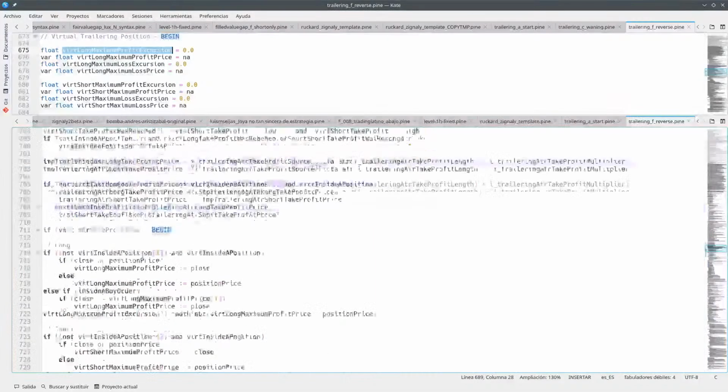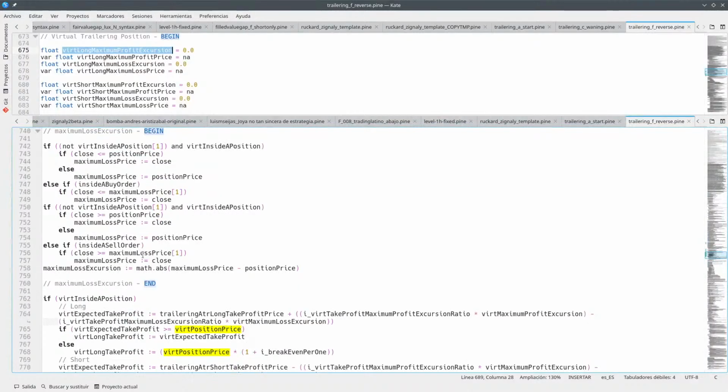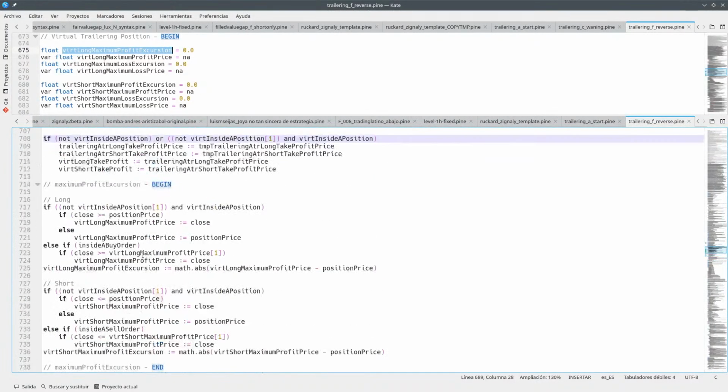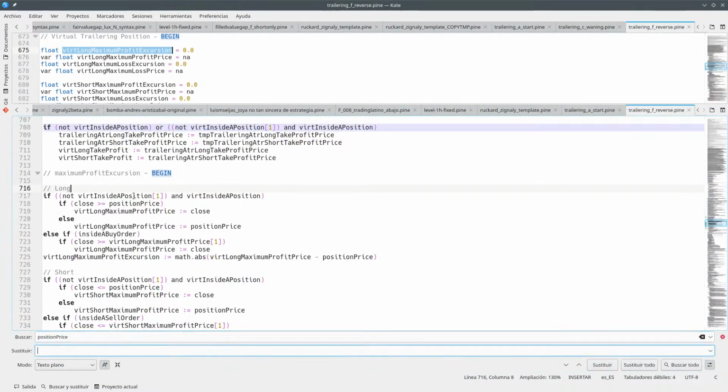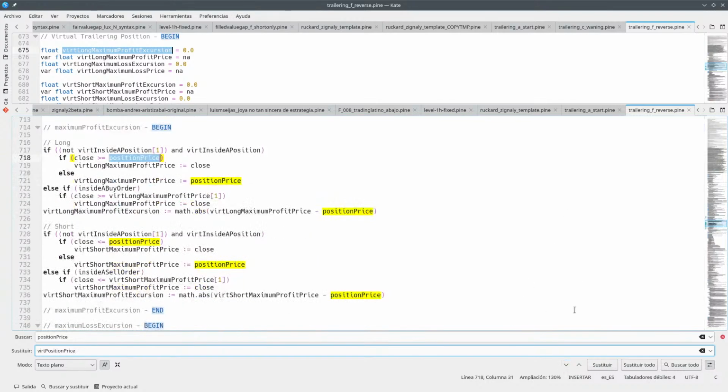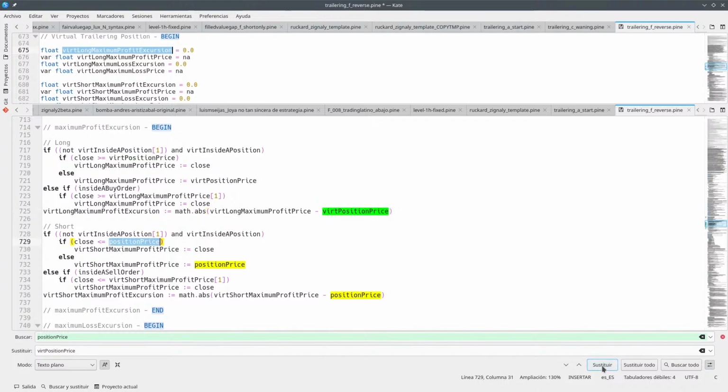Look at that. So we need to replace this here. So position price should be replaced with this virtual position price. Look at that.